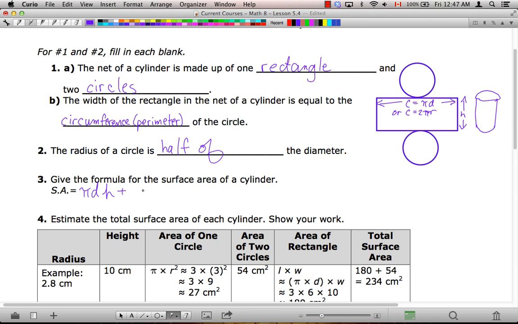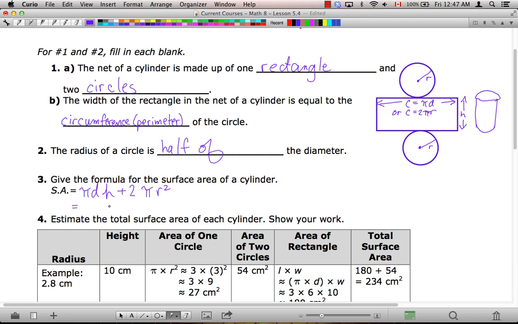And then you've got pi times r squared, which is the area of each of these circles. So this has a radius of r, same as here we have a radius of r. And there are two of them, so 2 pi r squared will factor in the two circles.